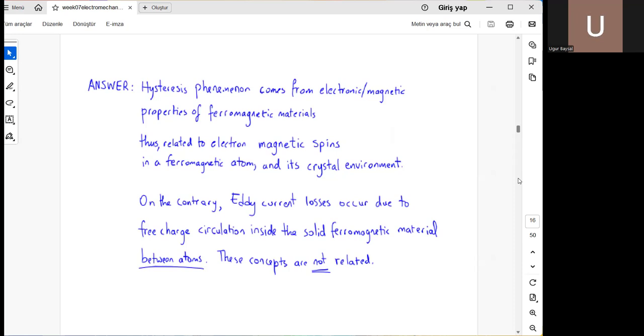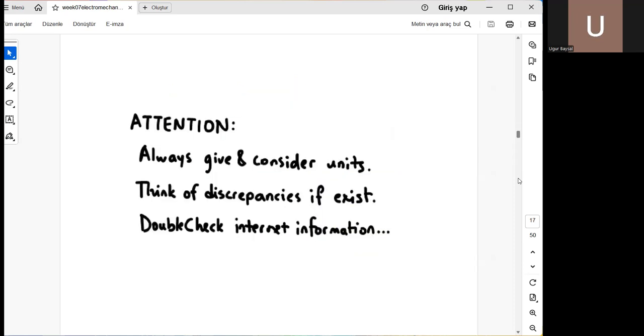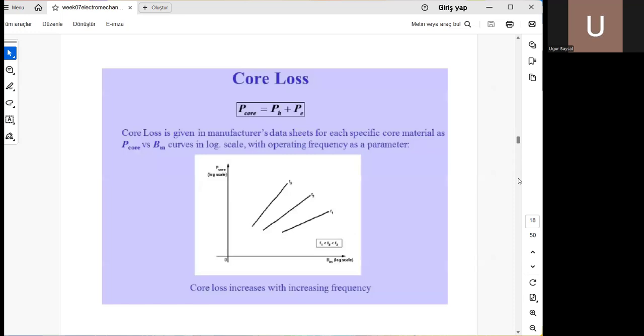On the contrary, eddy current losses occur due to free charge circulation inside the solid ferromagnetic material. Those charges are outside the atom, freely available in metal structures. So in any case, always consider the basics and add the units in your discussions or supportive statements.